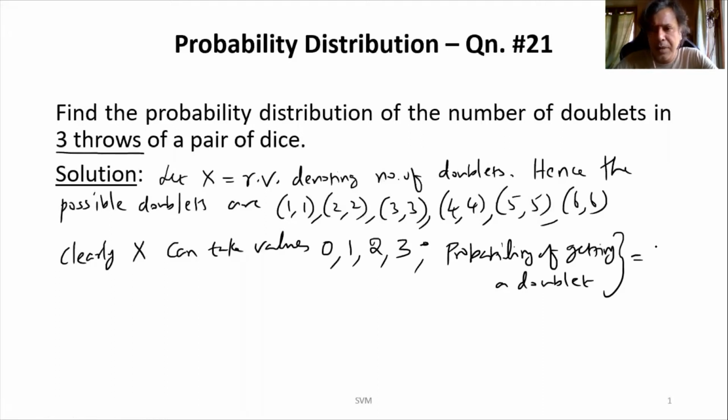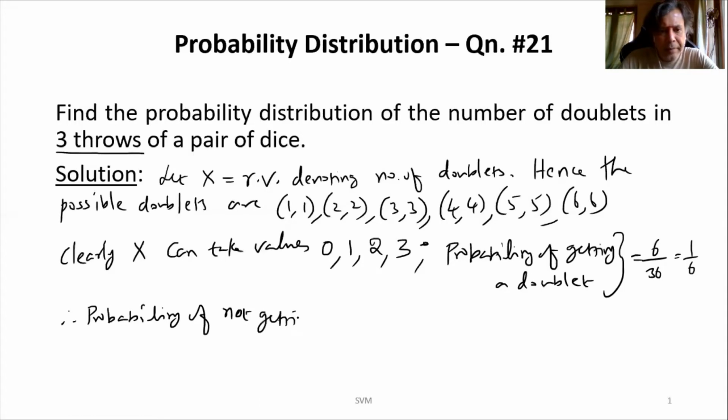So this will become 6 by 36, so it is 1 by 6. Therefore, probability of not getting a doublet will be 1 minus the above probability, which is the complementary event, which is 5 by 6.